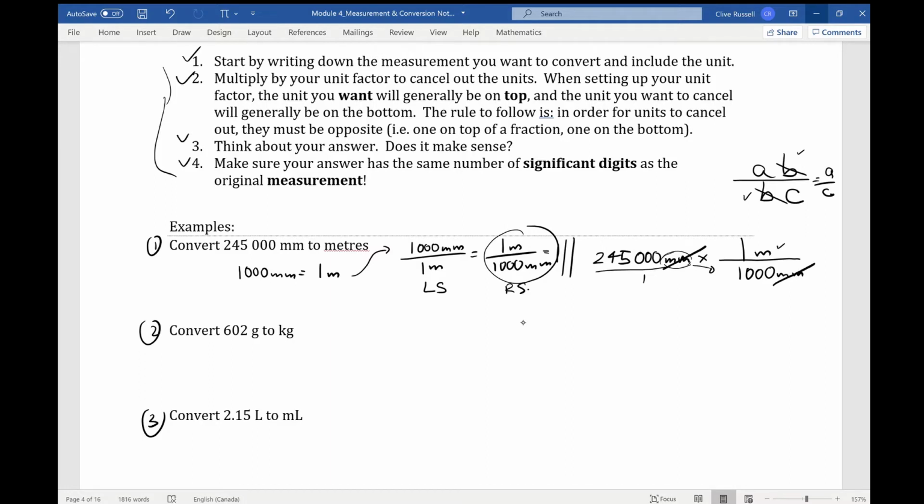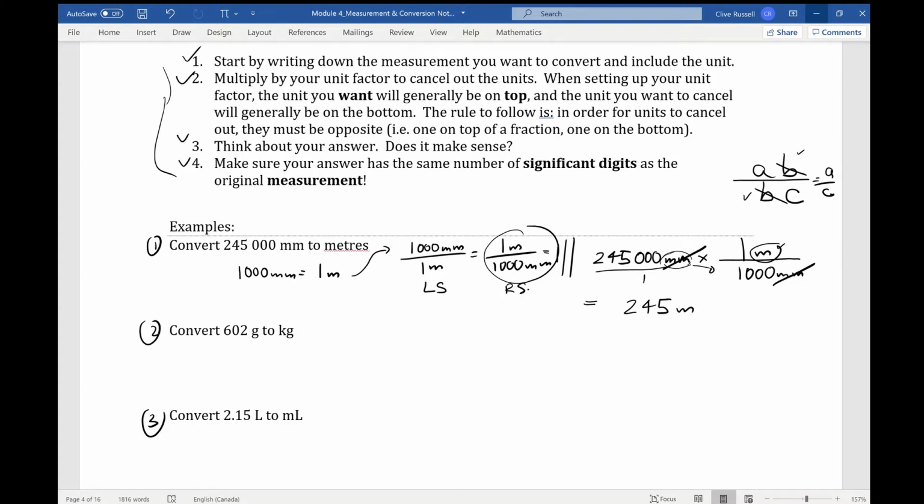Okay, so my final answer is going to be 245,000 divided by 1,000, so I get 245, and the unit that's left is the meter. Okay, final thing, we have to round all conversions.